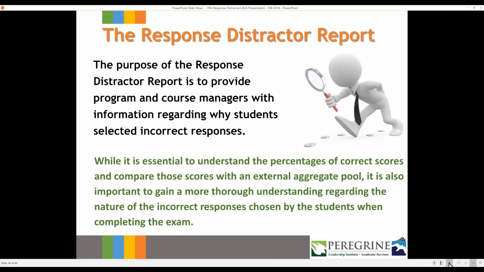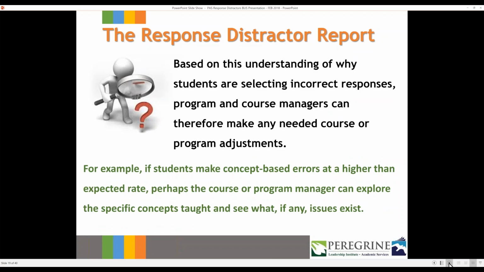But then we get stuck there. We have the other side of the coin: when students are completing the exam, they are answering questions incorrectly. We want to assume that they're not randomly answering questions incorrectly.